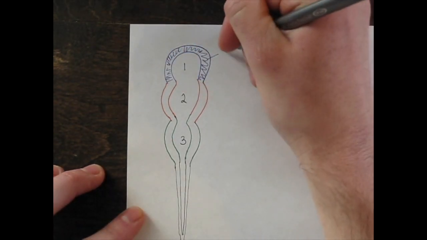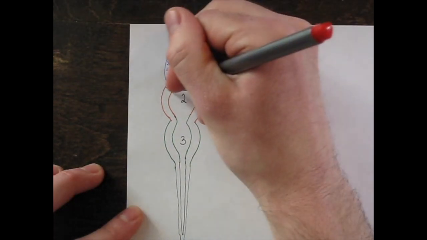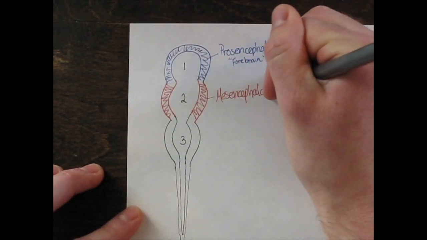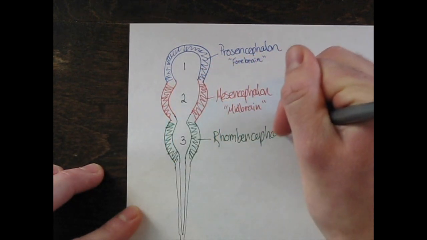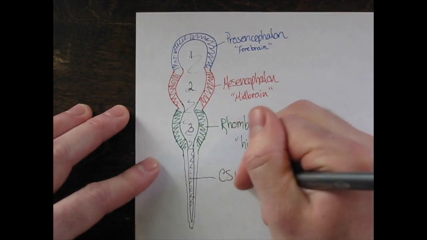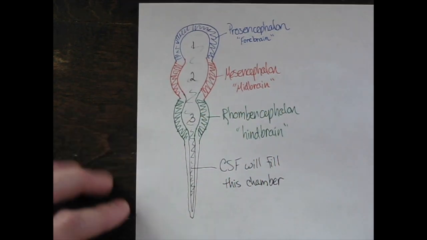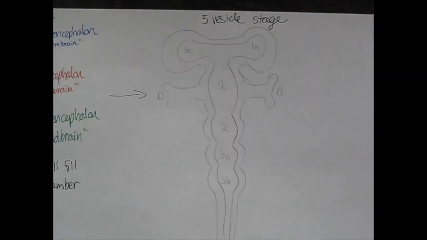So the tissue that surrounds the first bump, they called the prosencephalon, which means forebrain. Second bump they call the mesencephalon, which is midbrain, and the third rhombencephalon, which is hindbrain. And that chamber that's in the middle will eventually become filled with CSF. So they call this the three-vesicle stage.